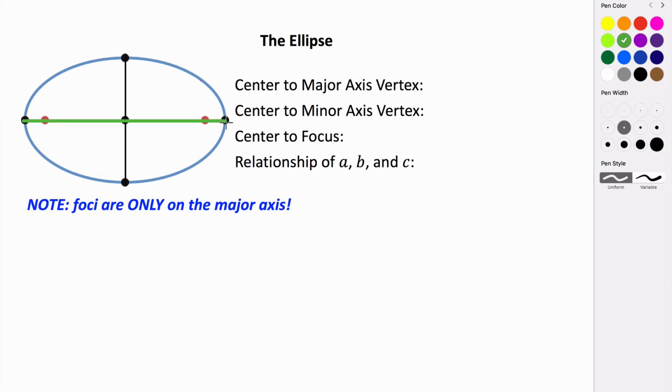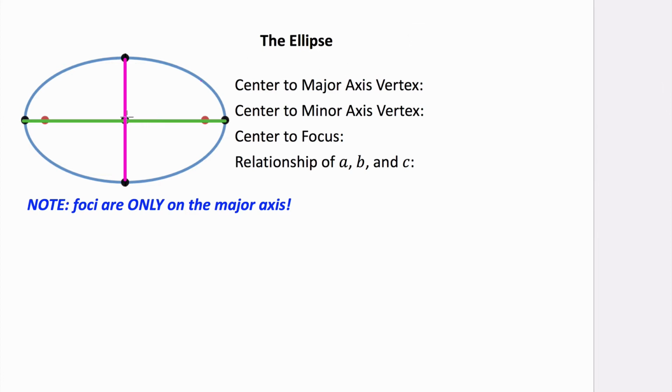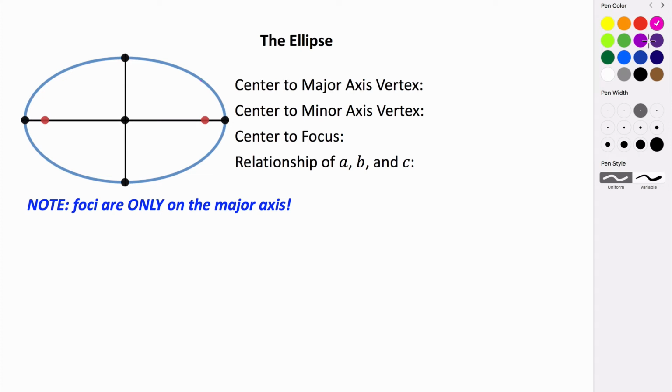It's the longer of the 2 axes that run through the center. The minor axis is the shorter of the 2 axes. So there are 2 axes. The long one is the major axis. The short one is the minor axis. Both of them go through the center. The center is just at the center of our ellipse. But they also intersect a few other key points.